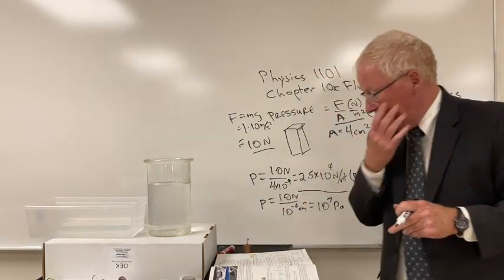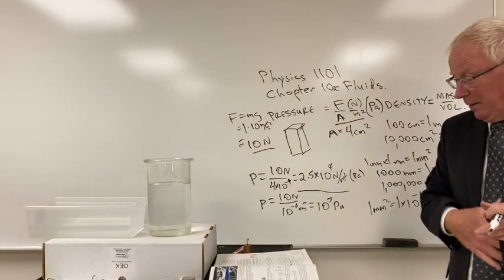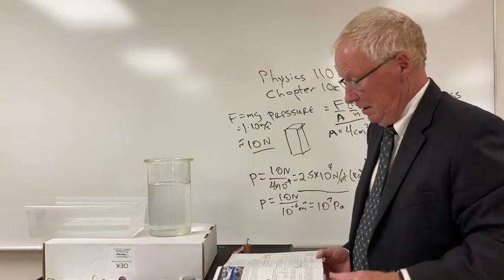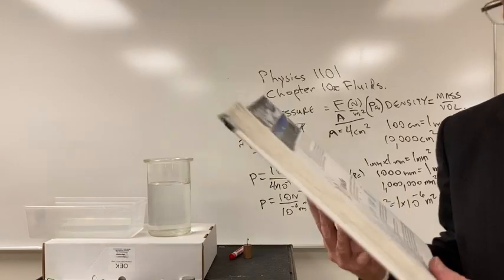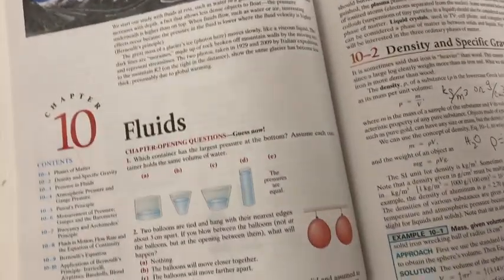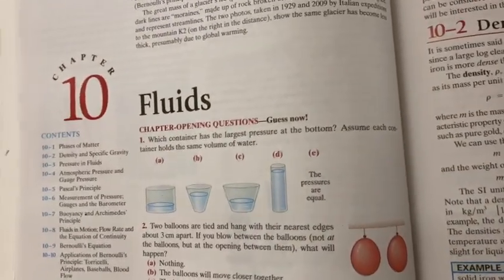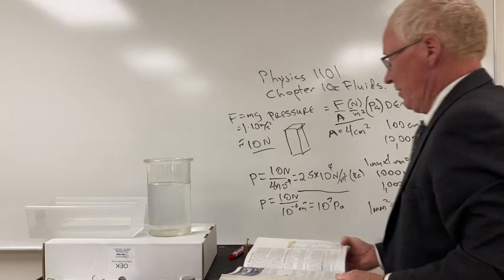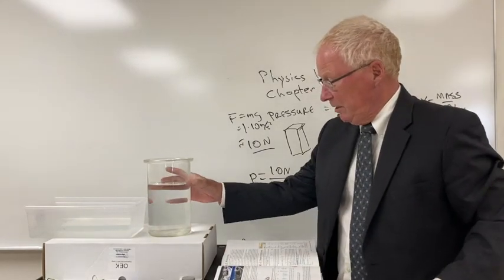Now, when we get into this concept, there are pictures in the back of the book where they ask which of these containers has the greatest pressure at the bottom. And I have a similar thing here. I have 2 containers.